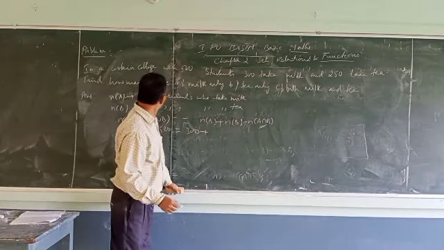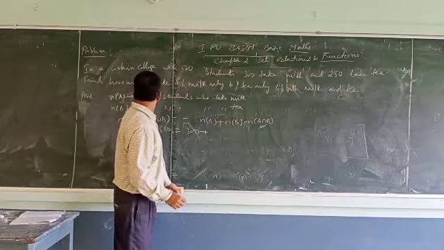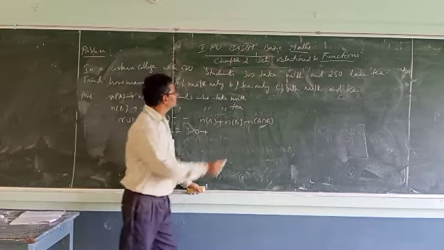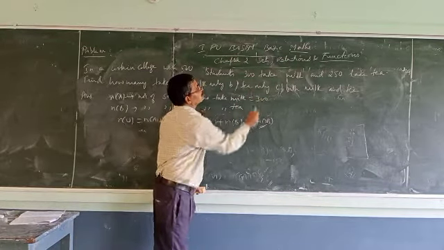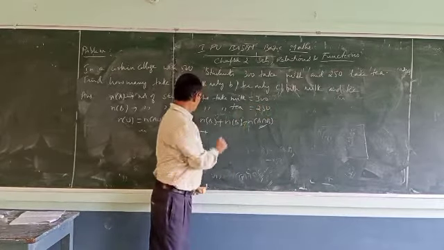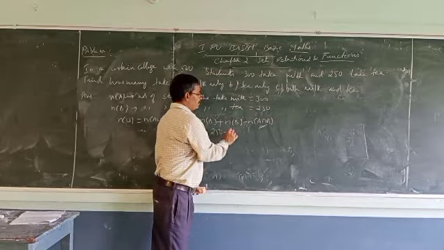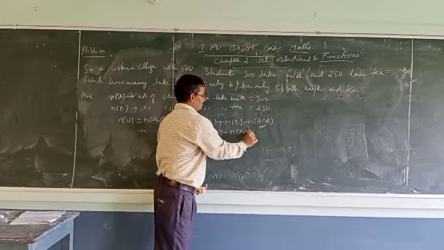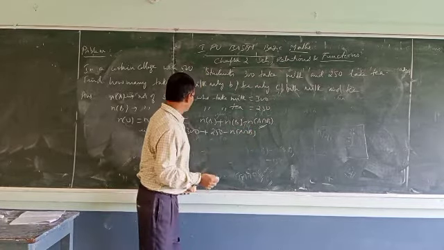N of A is 300 here. The next one is 250 here. So this is 250 minus N of A intersection B. So what is N of A intersection B?